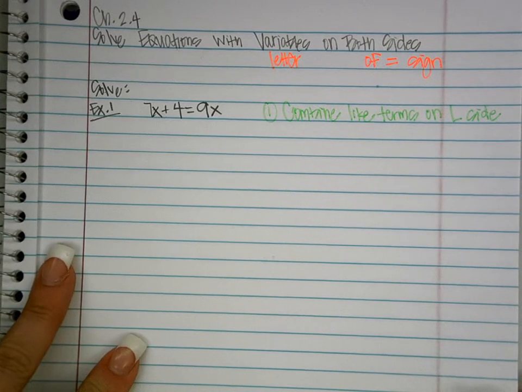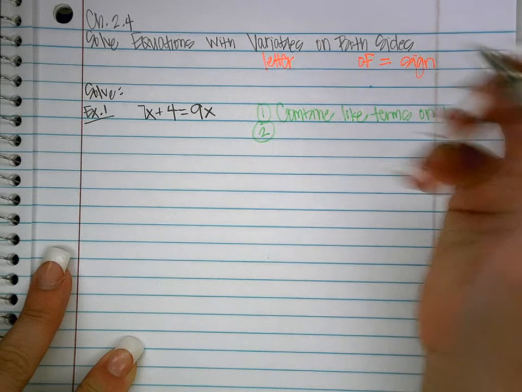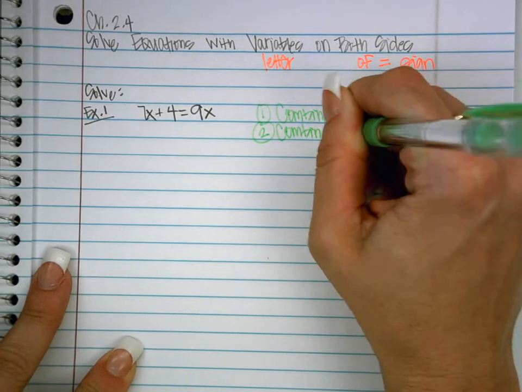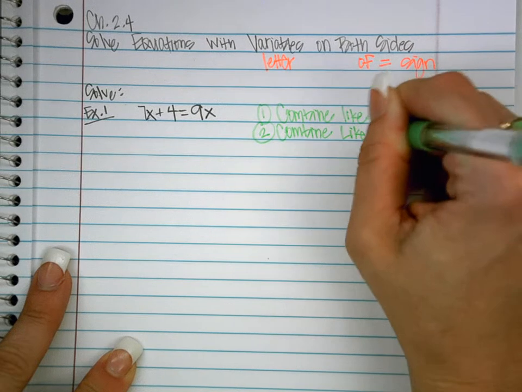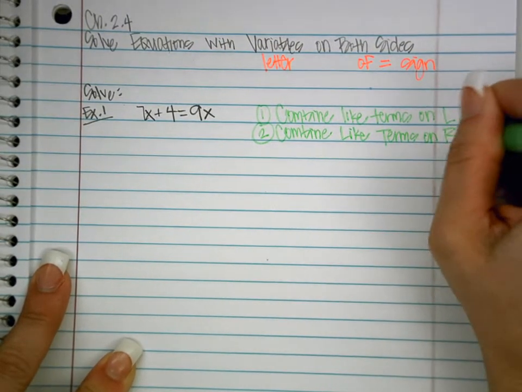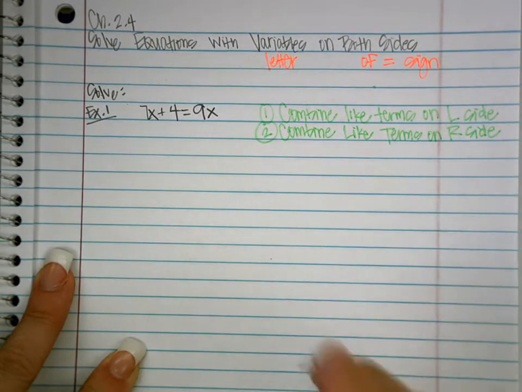If combine like terms on the left side is your first step, what do you think is the next step? Combine like terms on the right side, exactly. Then we're going to combine like terms, but this time on the right side. And when we're talking about sides, we're talking about sides of the equals sign.